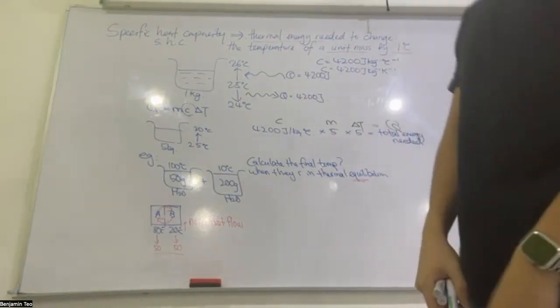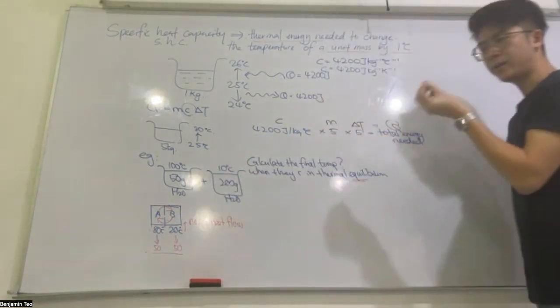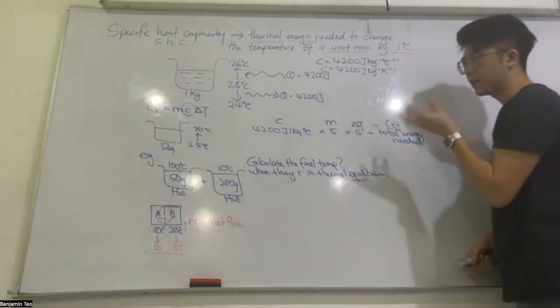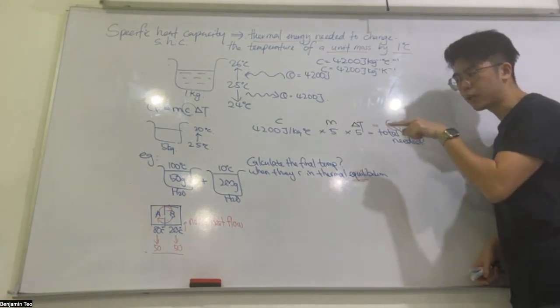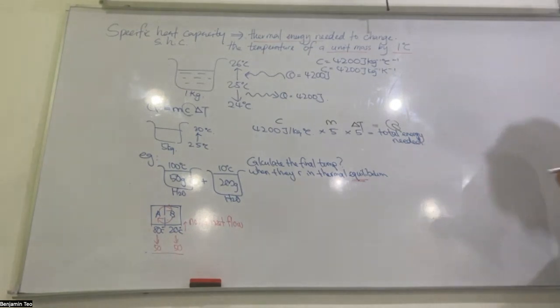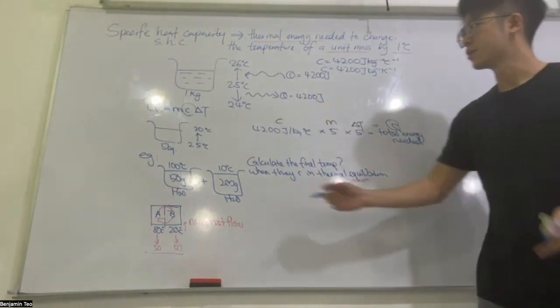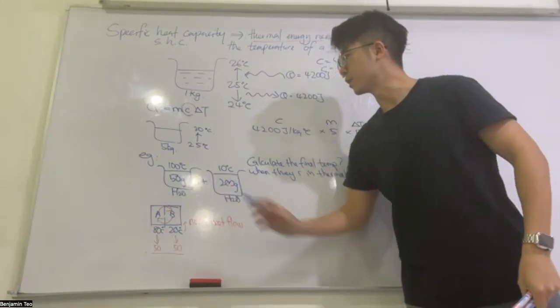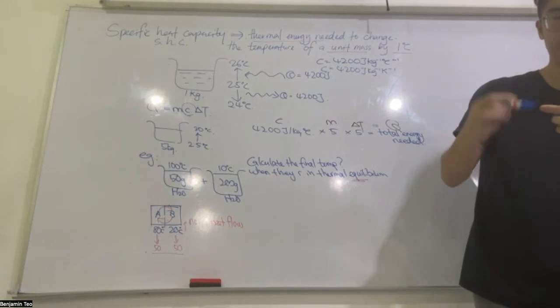Okay, so I mix these two. In the end, they're going to achieve thermal equilibrium. They're going to come to one temperature. How can we calculate that temperature? You're going to need this equation. Now question: when I mix this with this one, who is the one transferring the heat and who is the one receiving the heat?